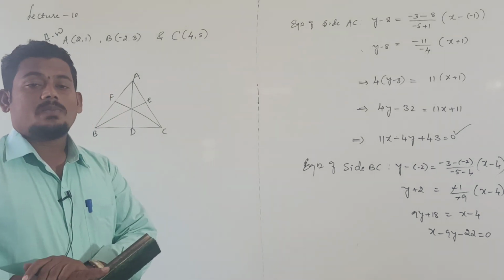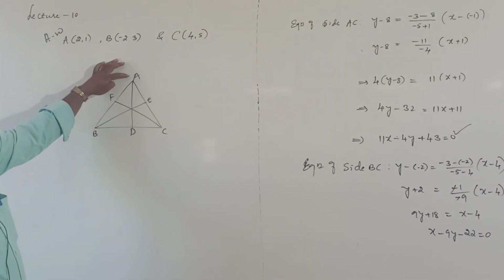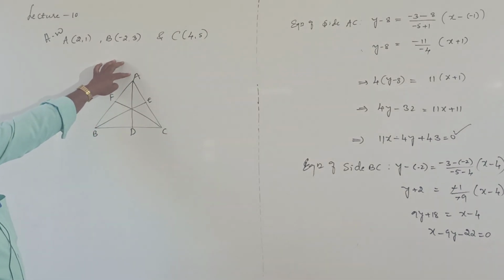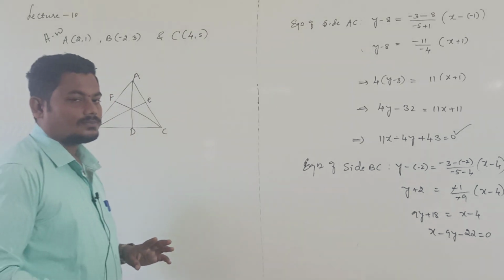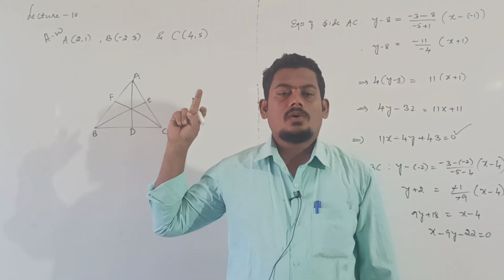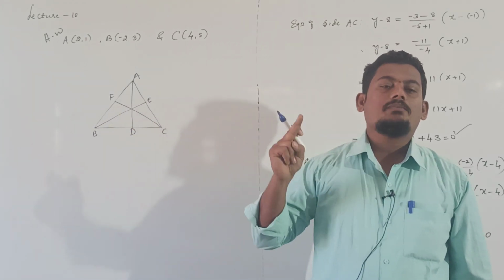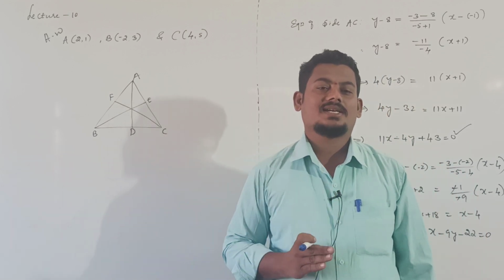Then what do you conclude about its definition? A straight line passing through one of the vertices and through the midpoint of the opposite side is nothing but the median of the triangle.